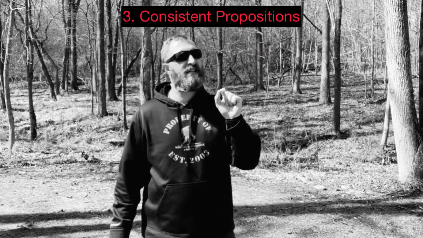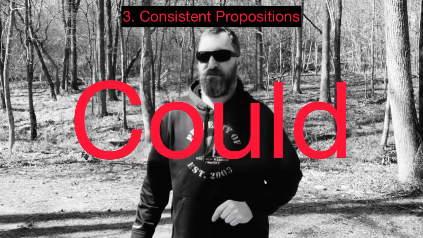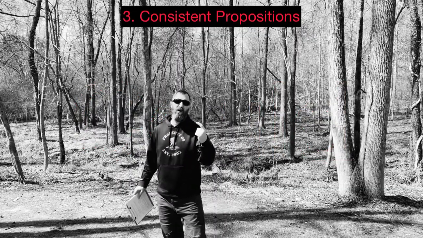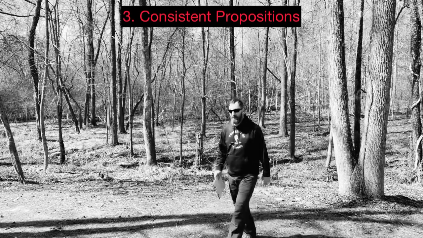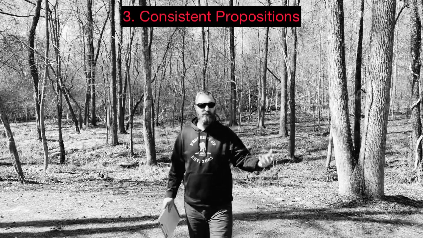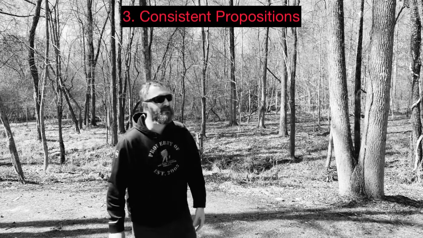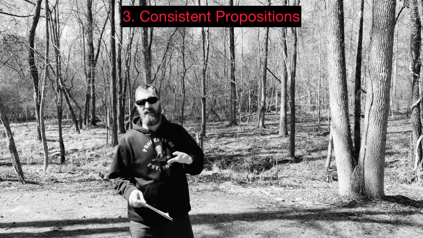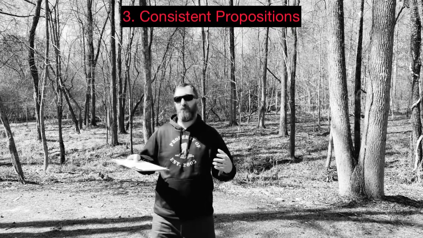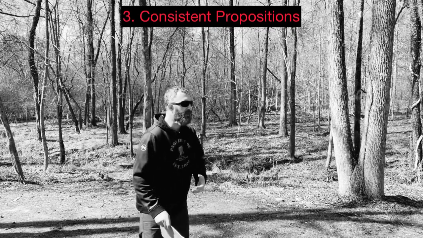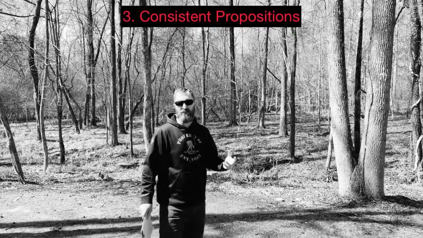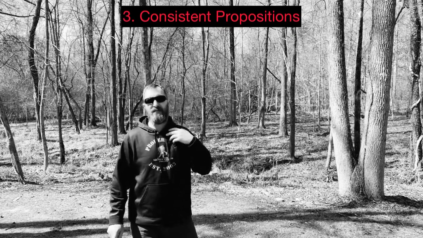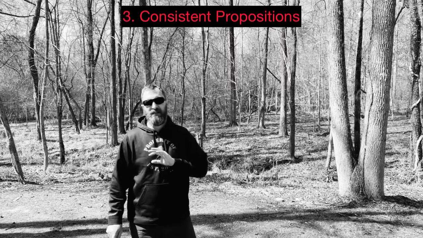What matters is whether they could all be true at the same time and not whether they actually all are true. So consistent propositions are just propositions that can all be true at the same time. They're propositions between which there stands no tension or conflict or incompatibility, okay? They can all be true at the same time. Doesn't mean they actually are all true at the same time, but they could be without any conflict.